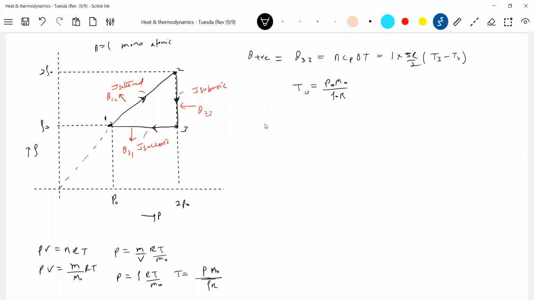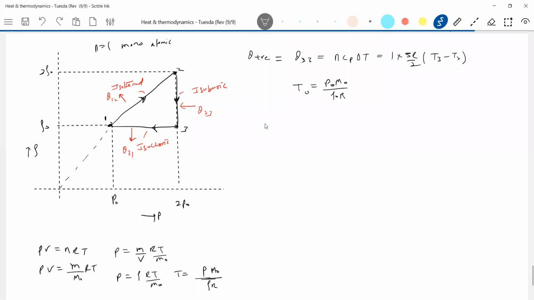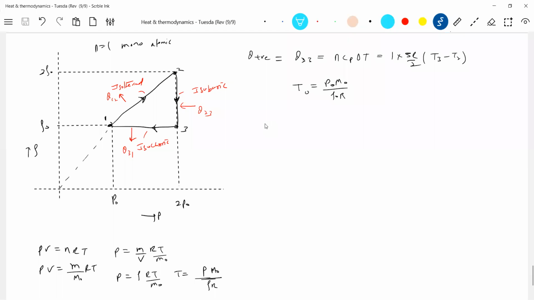Is it 2 T naught? And then what is the temperature at this particular point? Oh, so sorry, it should be only T naught. What is the temperature here? Temperature here will be 2 T naught. What about here? The temperature, it's like isothermal, no? So the temperature will be T naught.